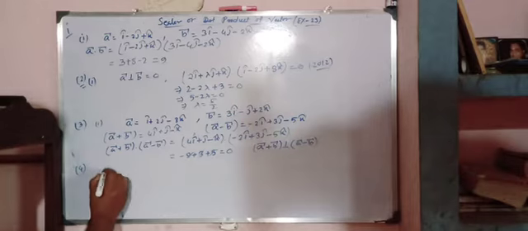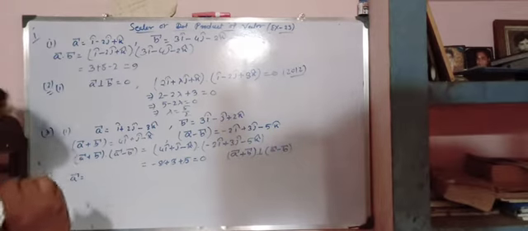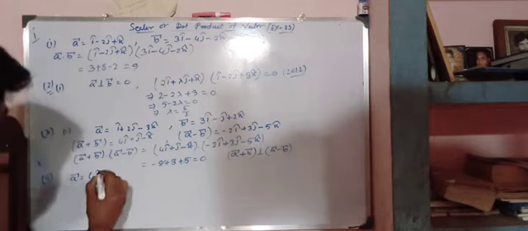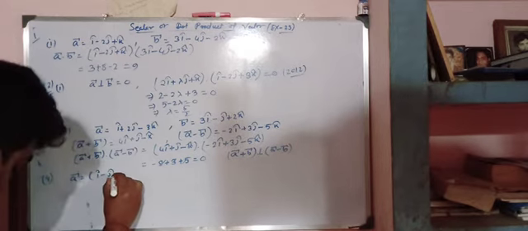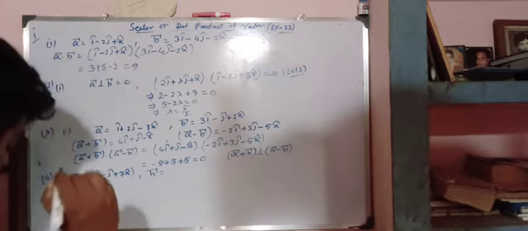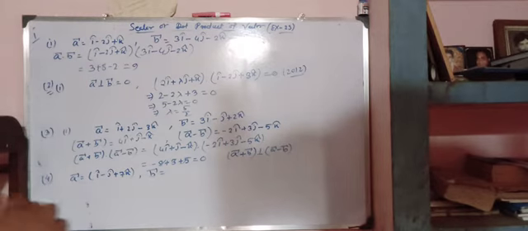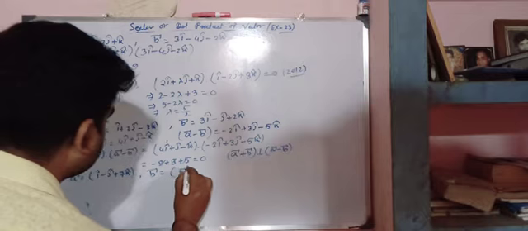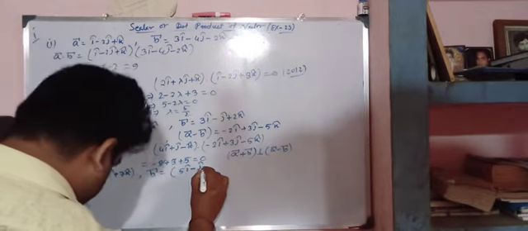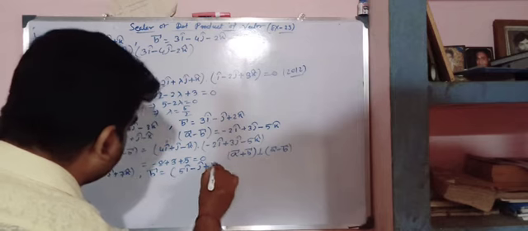A vector is given. A vector is equal to I cap minus j cap plus 7 k cap, and B vector is equal to 5 I cap minus j cap plus lambda k cap.